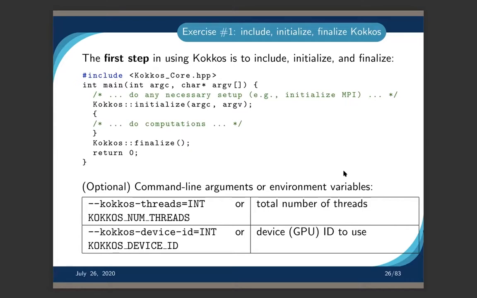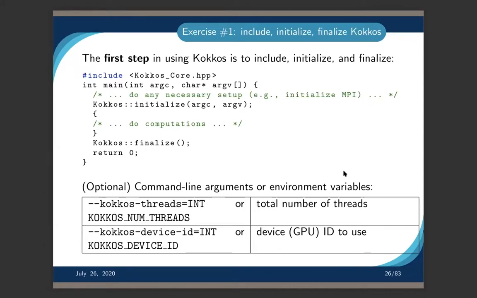We recommend doing it after because MPI initialize is potentially allowed to do the process binding of your process, and Kokkos initialize should honor that and use that information. On the other hand, some MPIs want you to set the GPU ID before you call initialize, and Kokkos initialize would be responsible for setting the GPU ID. In those cases, it might be useful to call it before. Unfortunately, I don't have super good guidance on that.